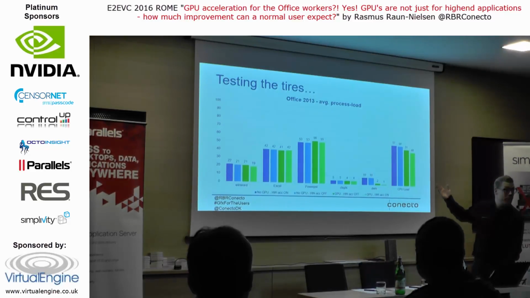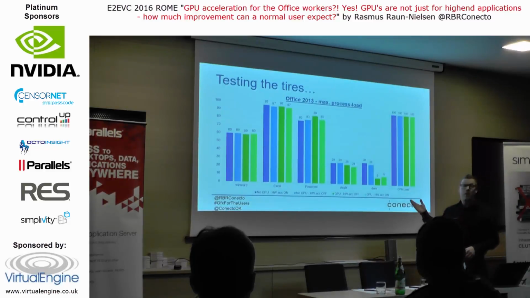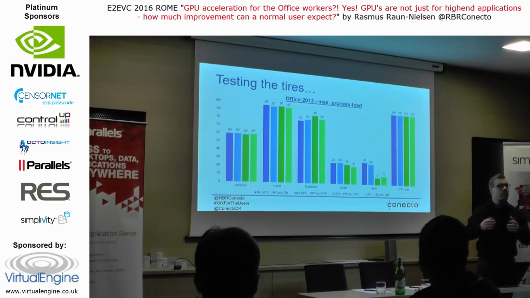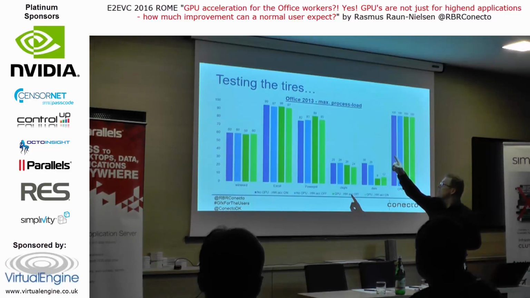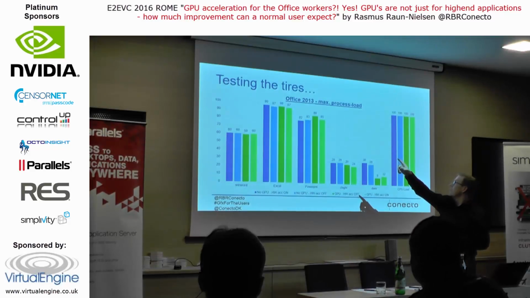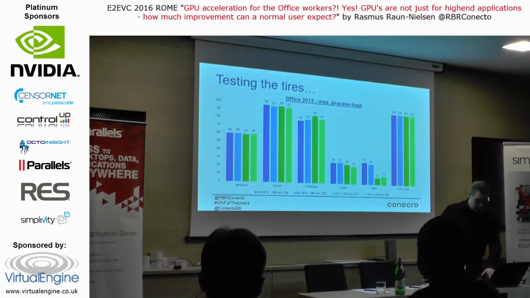But this is the average process load, going to the maximum process load, which is, well, more interesting when we are talking about sizing and worst case scenarios. Of course, the CPU is maxed out, that's supposed, but we start to see differences here in the different processes, especially here. I'll deep dive a little into that later.